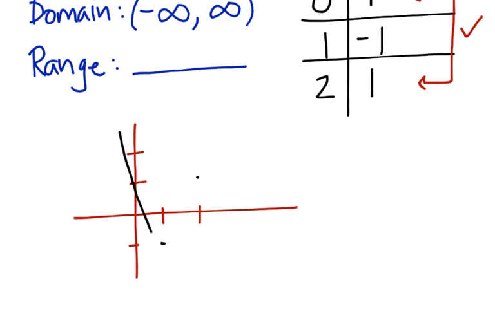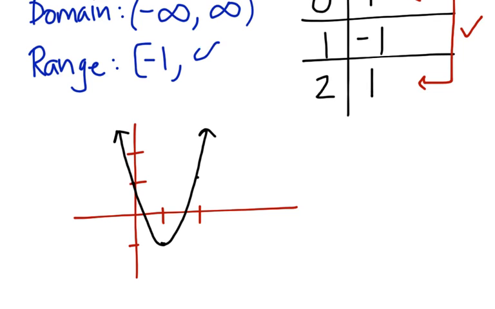Connecting those points, we'll get that U shape we've been talking about. And our range in this example would be our smallest y value, which will be at negative 1, and it will grow to infinity because our graph continues indefinitely in that positive direction.